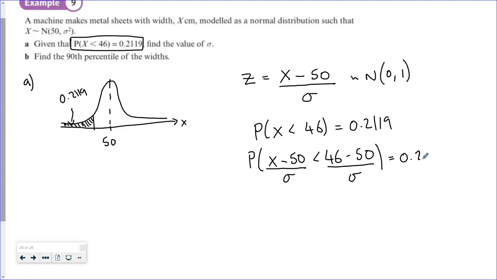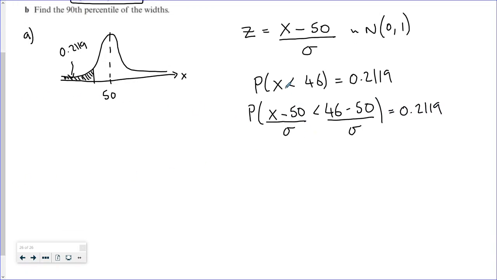And we get 0.2119 still. Because we've done the same thing to both sides of this inequality, these two statements are exactly the same. On the left hand side, this is z, our standard normal variable. And we're going to leave this value here as it is because we don't know what sigma is yet. That's what we're trying to find.